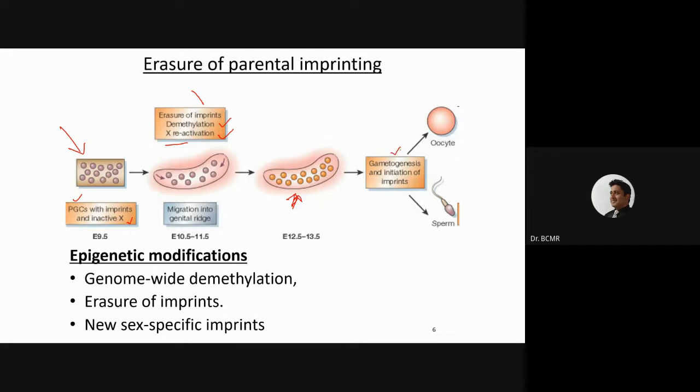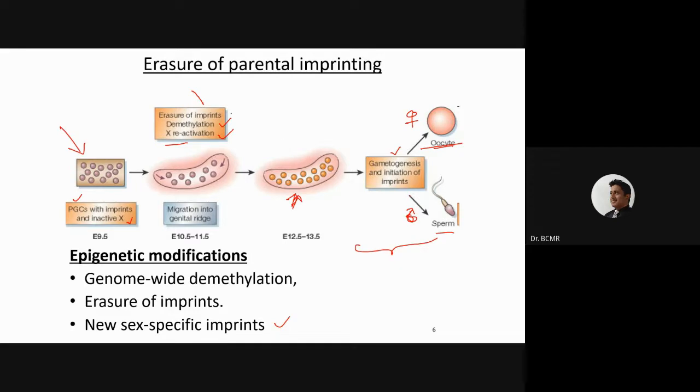And then upon gametogenesis, if it is oocyte or sperm, new imprints are established. That is, new sex-specific imprints. If it is a female, it has a specific imprint to establish, and if it is a male or the sperm is forming, then it has different imprints to occur.